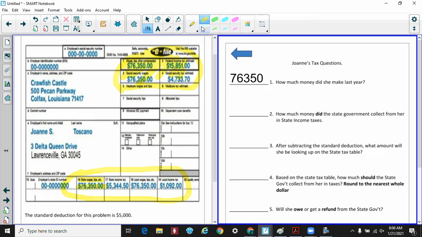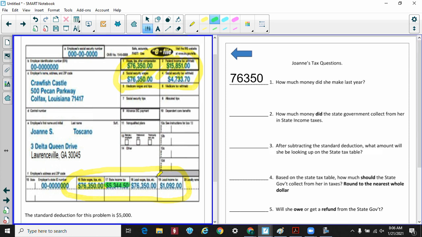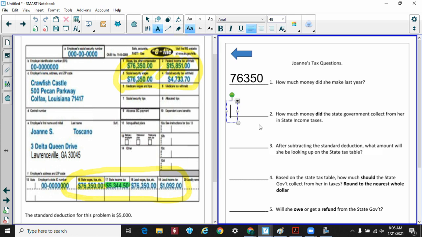Well, again, looking at the W-2, state income tax right there, line 17. And that was $5,344.50. It has cents on there. I was hoping that this question wouldn't have cents. It does. All right, so here we go. After subtracting the standard deduction, what amount will she be looking up on the tax table?